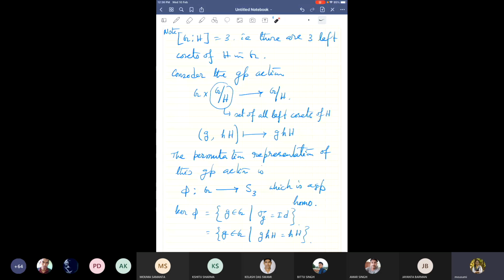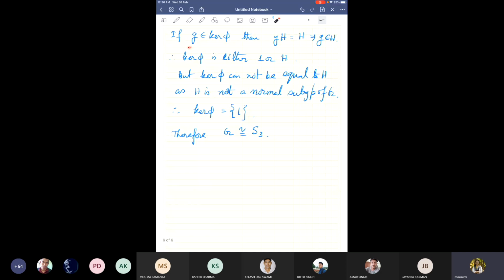In order to show injectivity, I consider the kernel of this group homomorphism. The kernel is all the elements of the group such that sigma g gives you the identity permutation. That means sigma g of a left coset xH should go to xH. So this is the kernel. Now, if some element is in the kernel, then it should fix the left coset H itself, right?